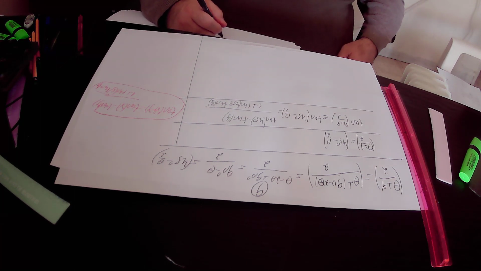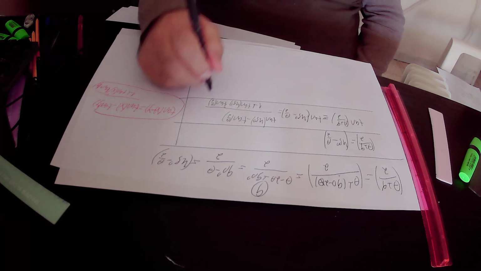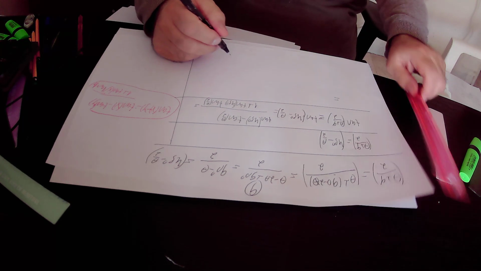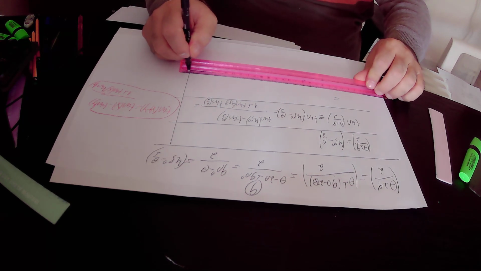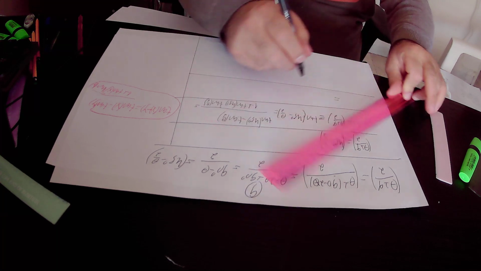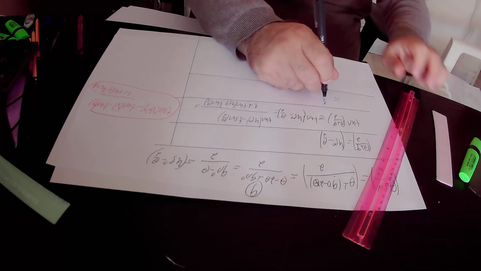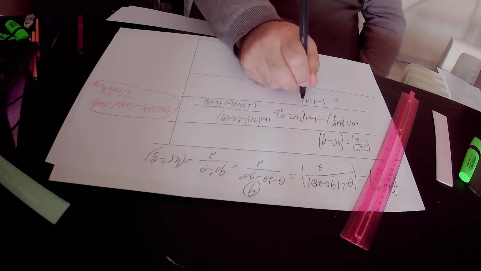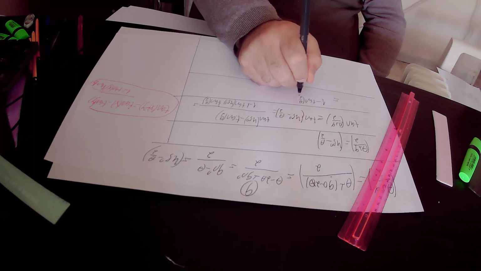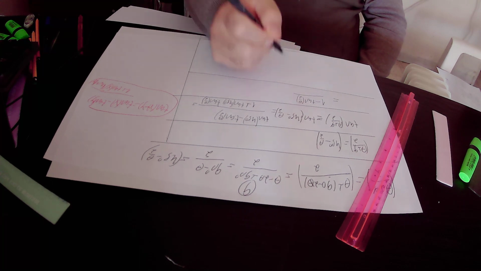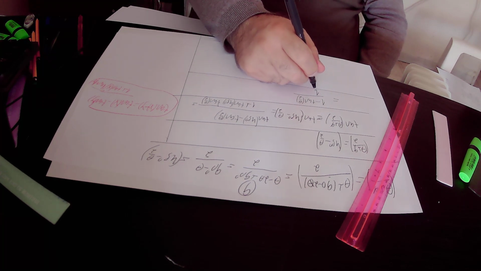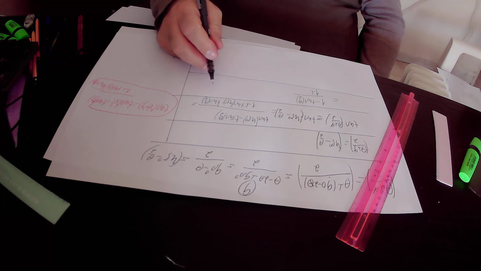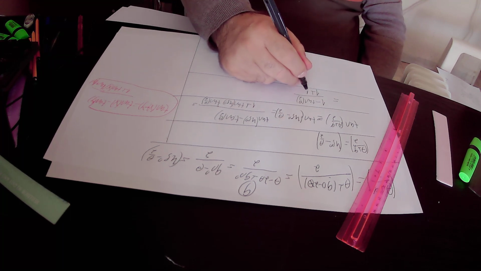And it will be equal to, tangent 45 degrees is 1, so it is 1 minus tangent theta over 2, divided by 1 plus, tangent 45 degrees is 1, so it is plus tangent theta over 2.